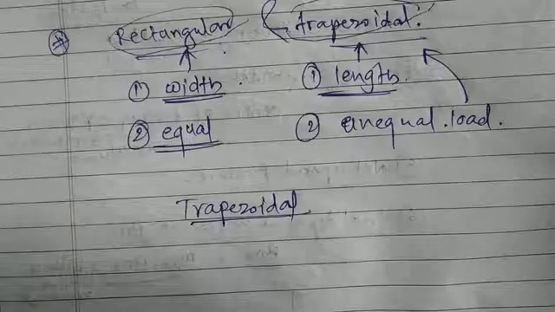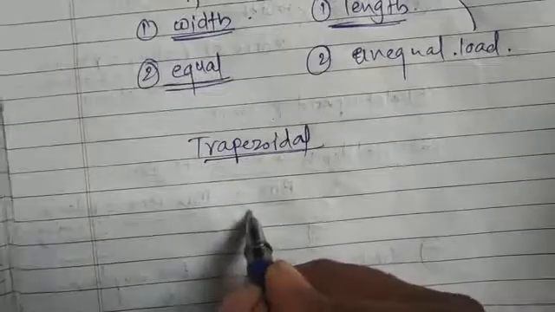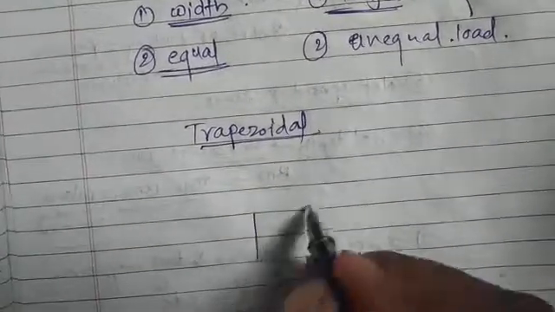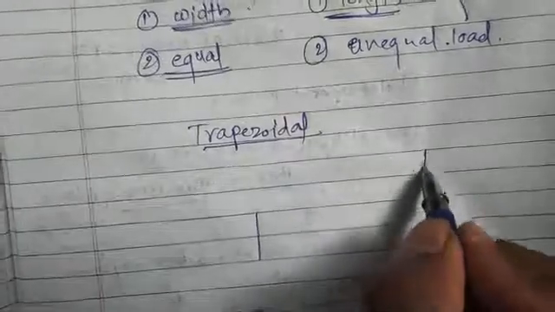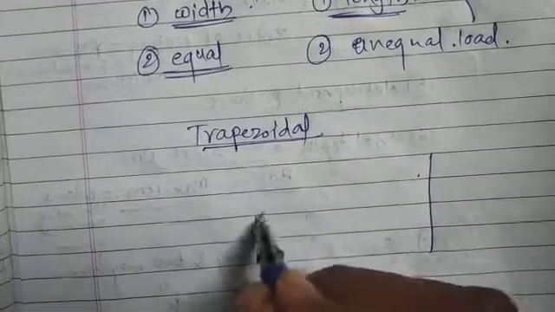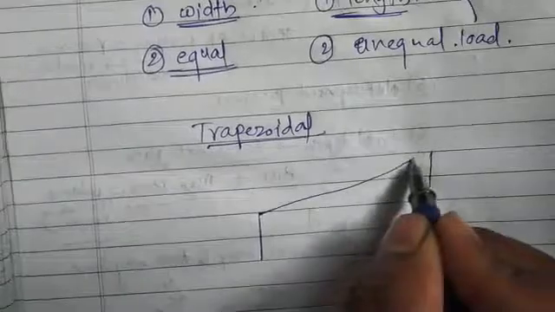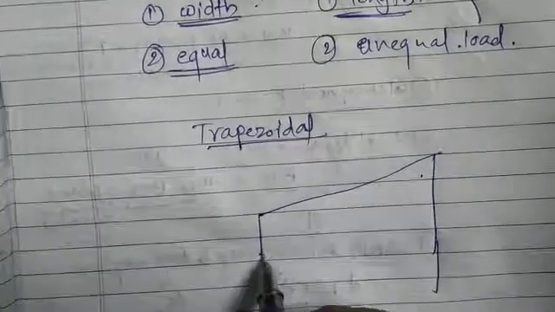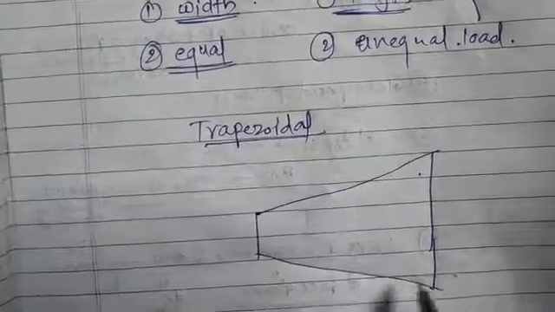Few changes will be there, as we know that in the trapezoidal footing the width of footing will not be constant, so it is varying like this. The width of footing is varying.